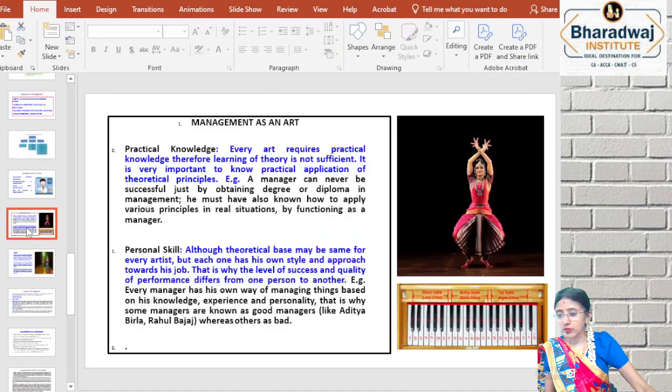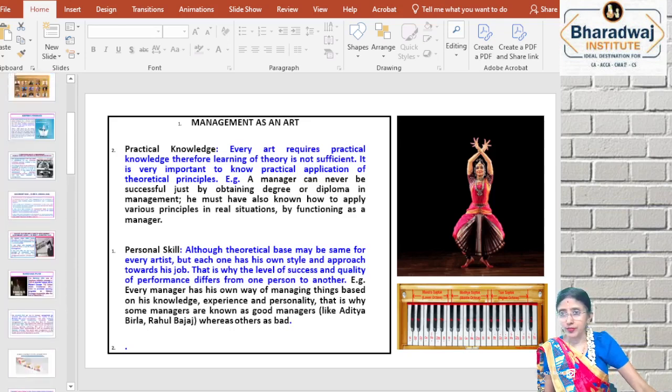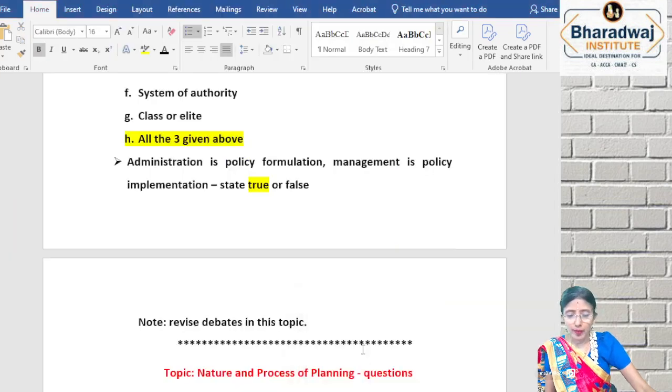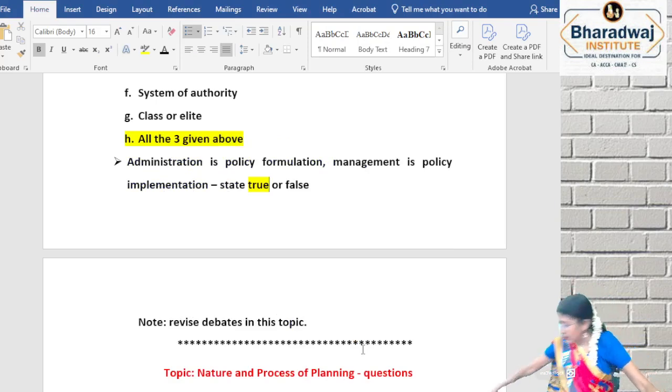Today, till what will we do, till organizing, not directing, not staffing. Till staffing. It is the agenda. After the break I will show you our material, or in the page itself I have given skills, roles and responsibilities.